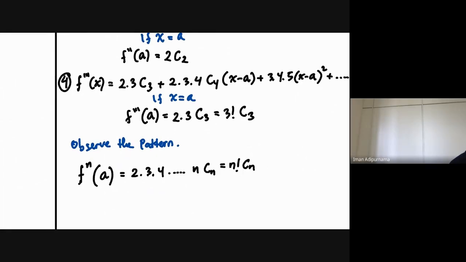Or we can write n factorial cn. And solving for cn, we can write cn is equal to the nth derivative of f at a, divided by n factorial.